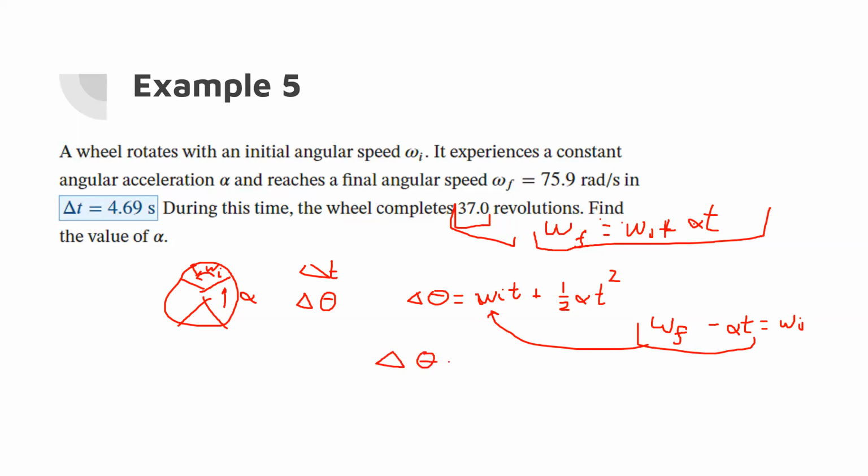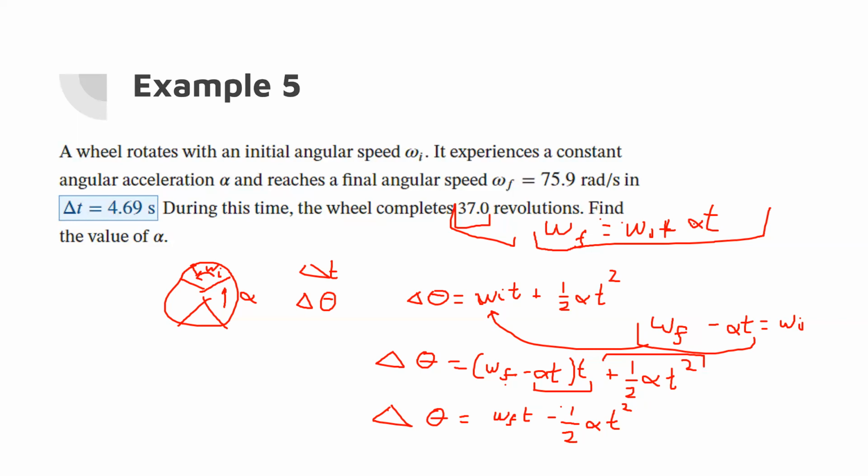If I plug this in for omega initial here, I get delta theta equals omega final minus alpha t, times t, plus 1/2 alpha t squared. And then when I distribute that t there, I get delta theta equals omega final t minus alpha t squared plus half an alpha t squared, so I'll end up with a negative 1/2 alpha t squared once I combine these two terms.